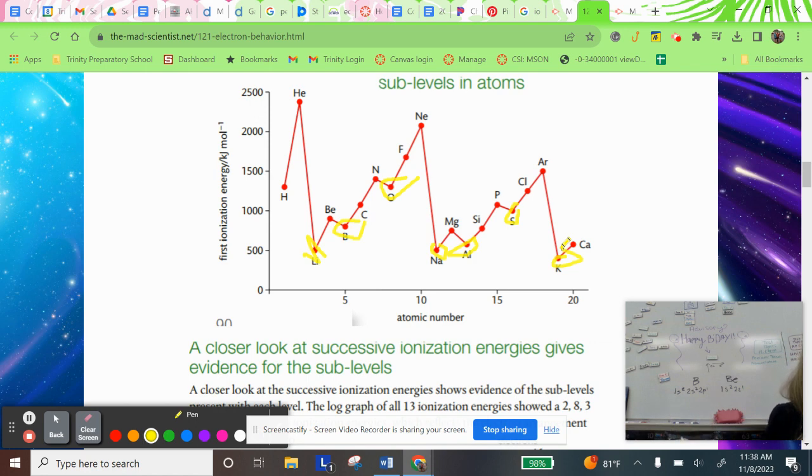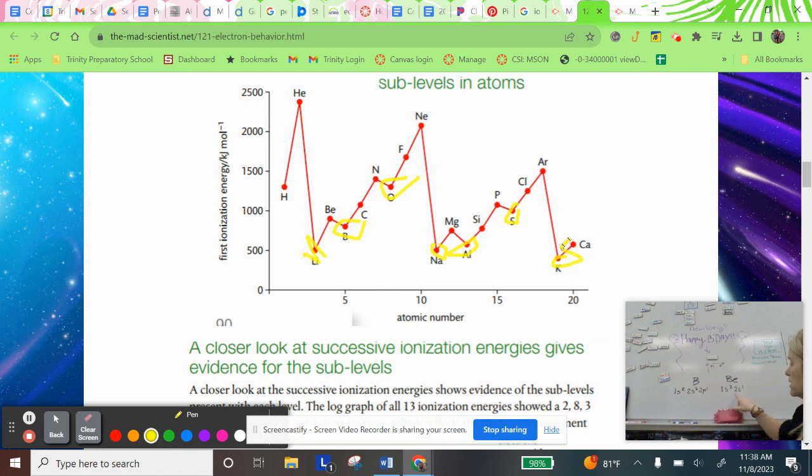So what makes it lower when it's not supposed to be? We have a 2p1 and a 2s2. Boron's supposed to be higher, but the 2p1 is farther from the nucleus than the 2s.